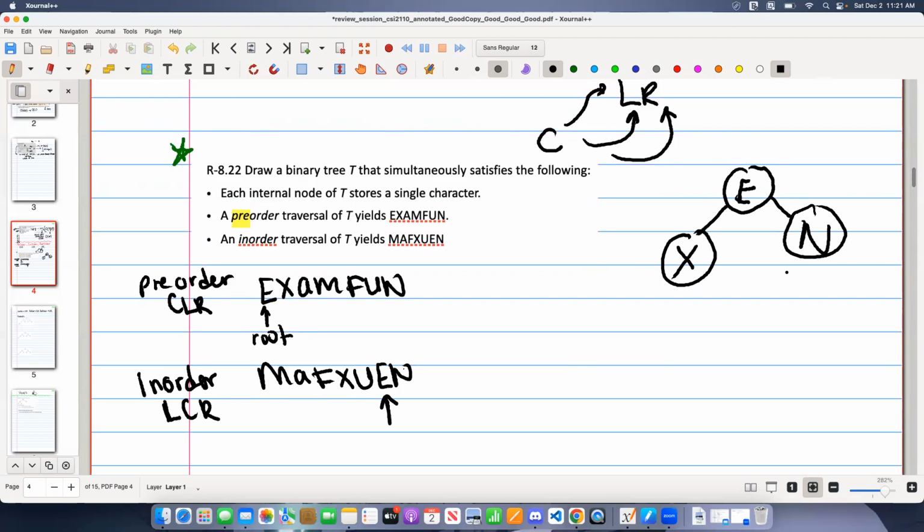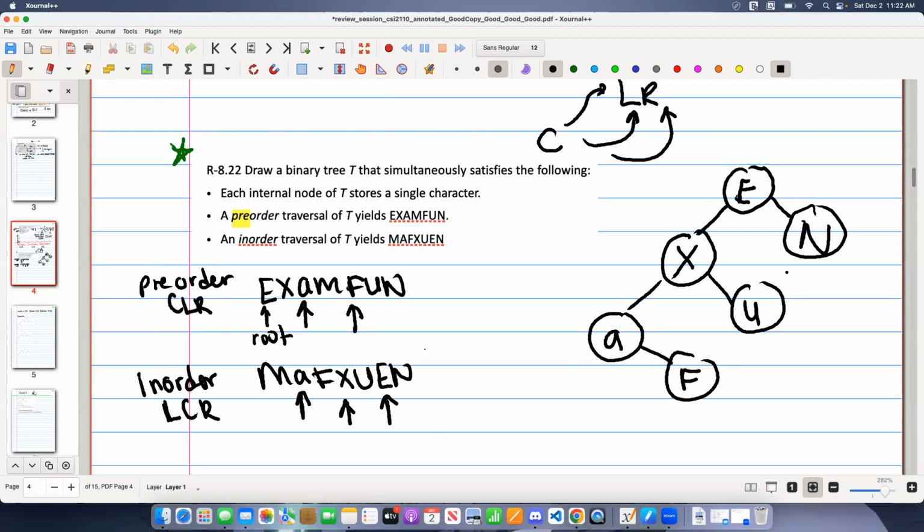And then you go back to the in order. You find X. Oh, to the right of X is going to be U. You write U. You keep going. Now we're at A. A is going to be towards the left of X. Okay, to the right of A is going to be F. Okay, you keep going back to the pre-order.